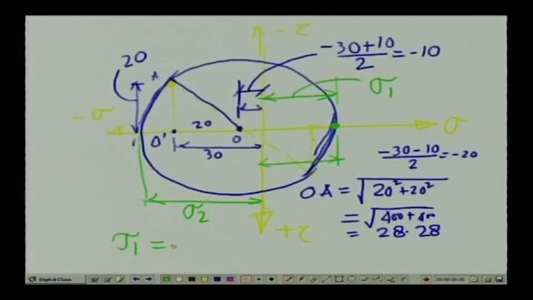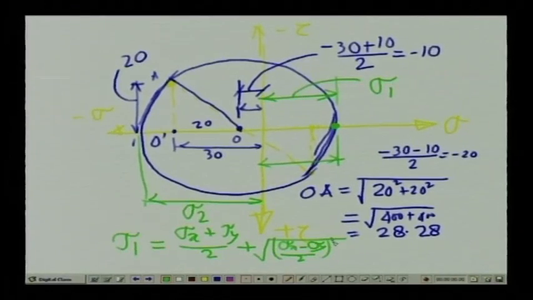is equal to, as we have seen earlier, (sigma x plus sigma y) by 2 plus the radius, which is the root of ((sigma x minus sigma y) by 2) squared plus tau xy squared, and this particular quantity is nothing but the radius, which is equal to 28.28.